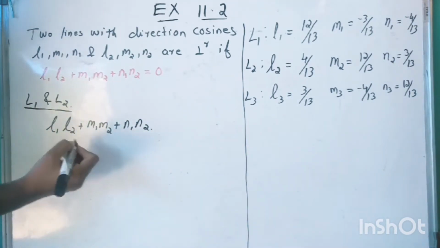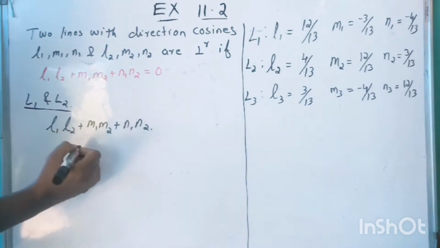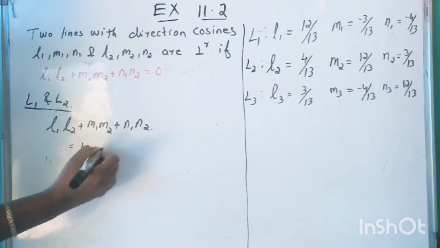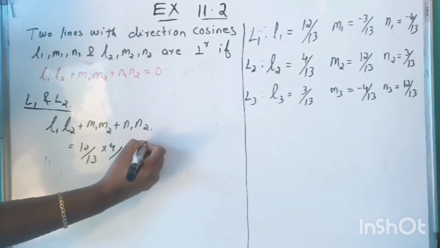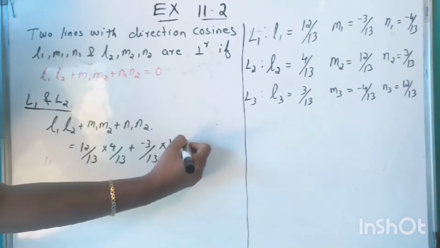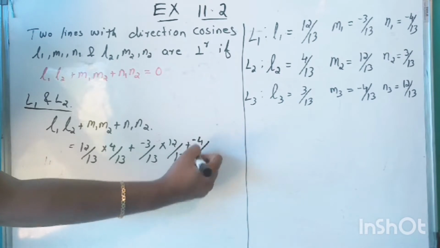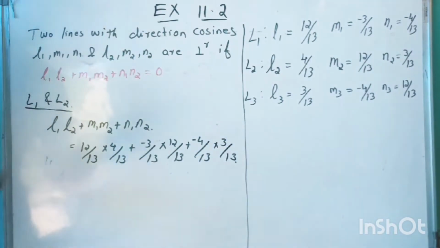Now just substitute the values. We will get 12 by 13 into 4 by 13 plus minus 3 by 13 into 12 by 13 plus minus 4 by 13 into 3 by 13.